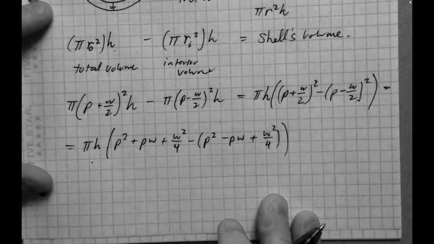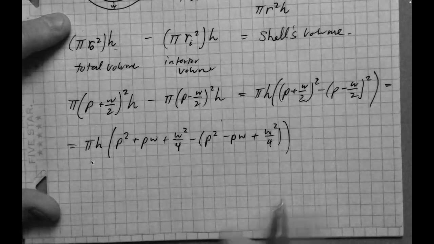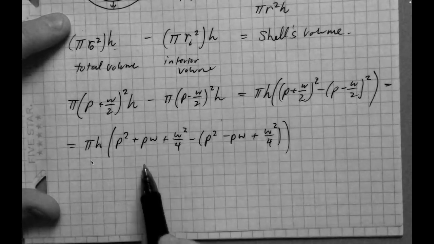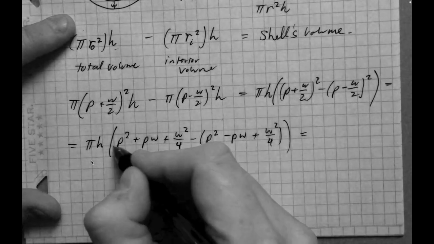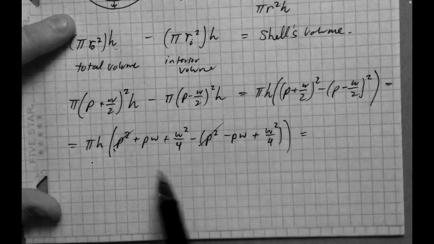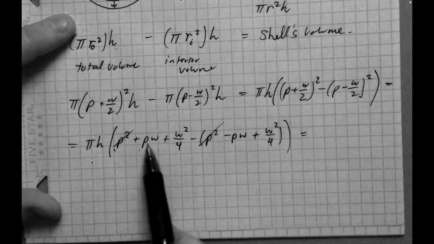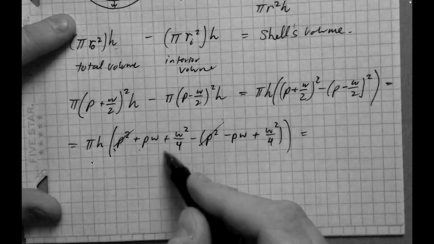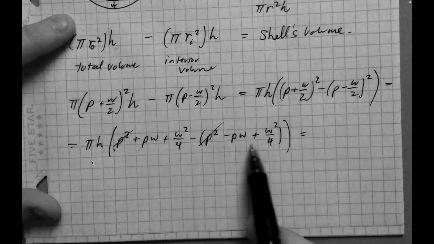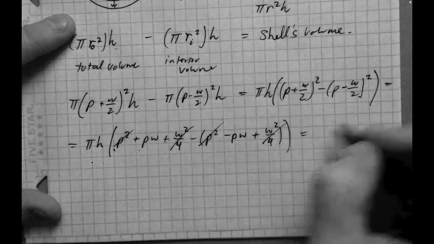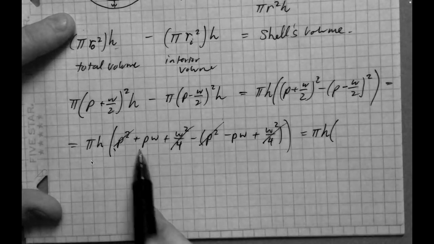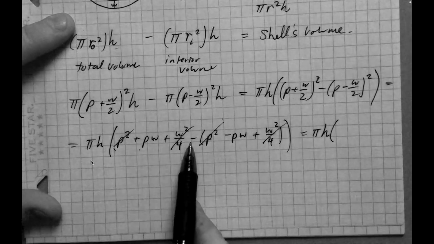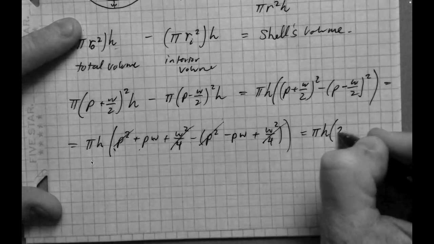And then, of course, we can combine terms here. You'll notice that a bunch of things drop out. P squared minus P squared goes away. Here you've got PW plus PW, and the W squared over 4 minus W squared over 4 goes away. And so what you end up with is pi times h on the outside, and then basically PW minus negative PW, so basically 2PW.